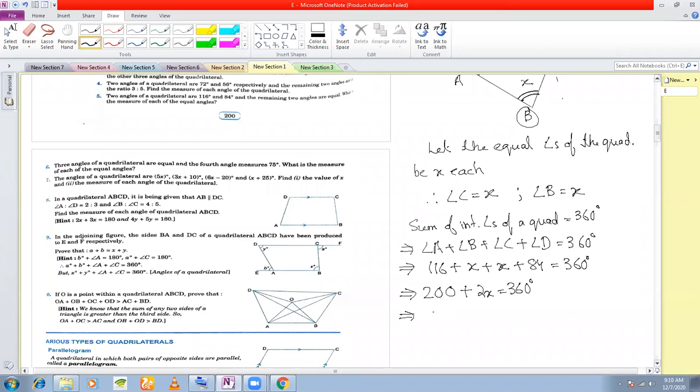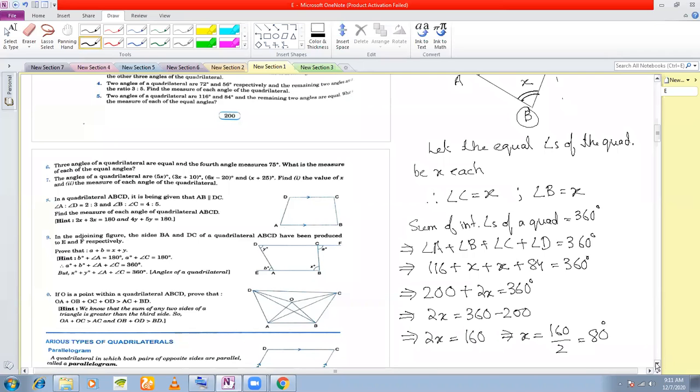That means I solve this equation. So you're getting X, the value of X as 80 degree.